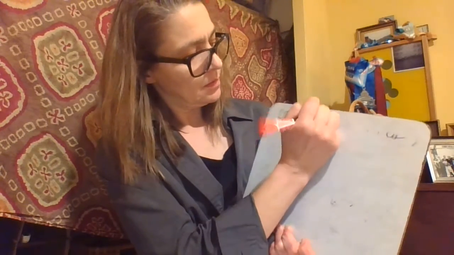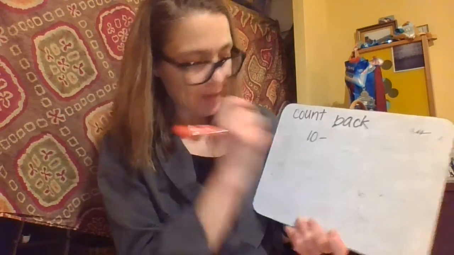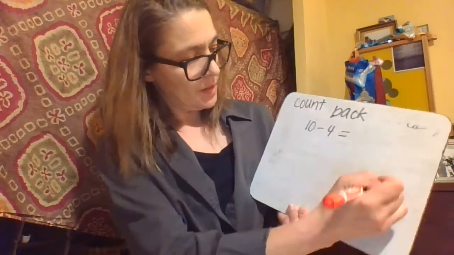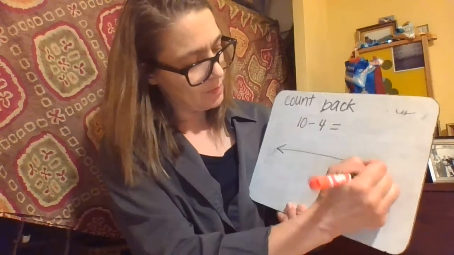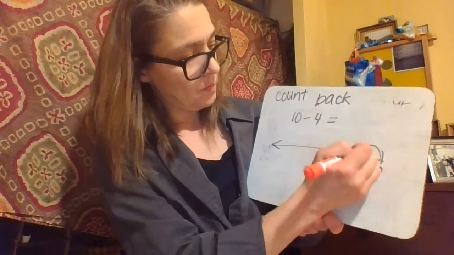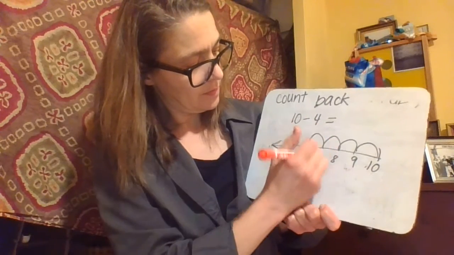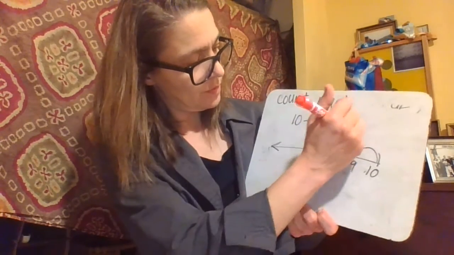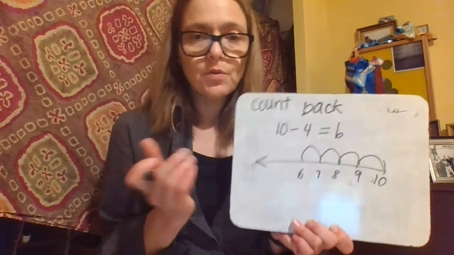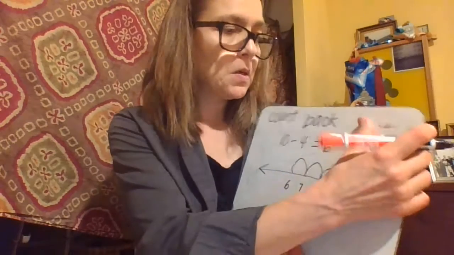Just to recap, we're going to do the other one, counting back. If we have the same problem, 10 minus 4, we would do a decreasing number line, and we would start at 10, and we would count back 4. 1, 2, 3, 4, and that's our answer. The one you choose to do, whether it's counting up or counting back, depends on you.